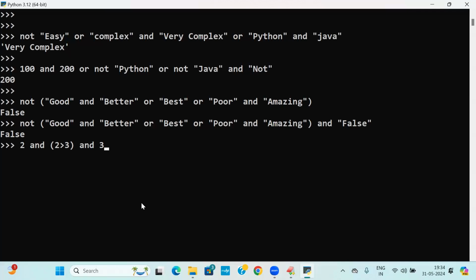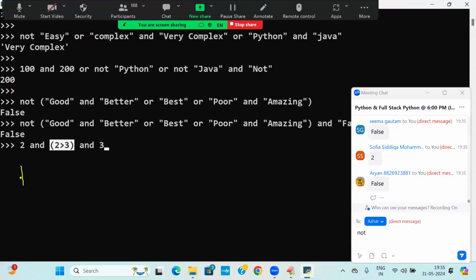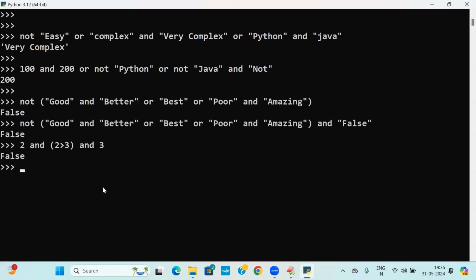False. What is the first one? True. Second one? False. What is the answer? True. Two? False. And three? What is the answer? False. Yes, false.